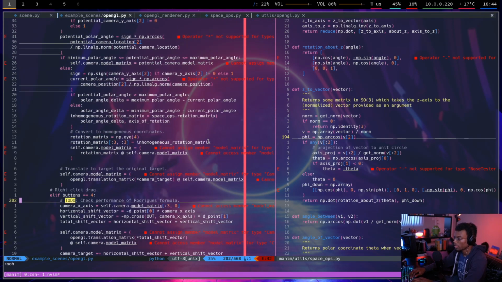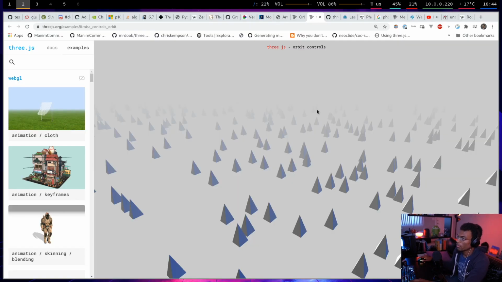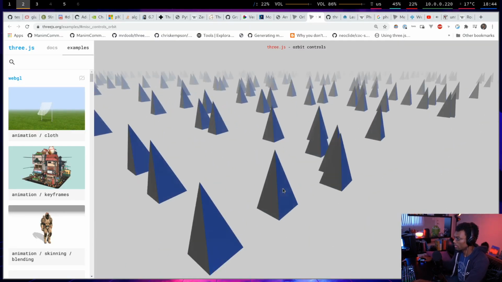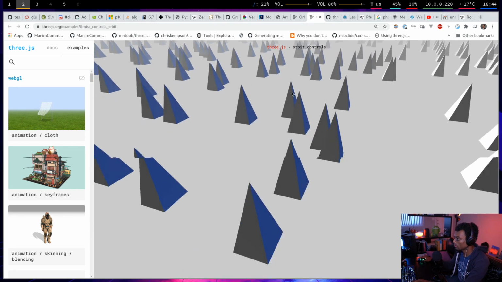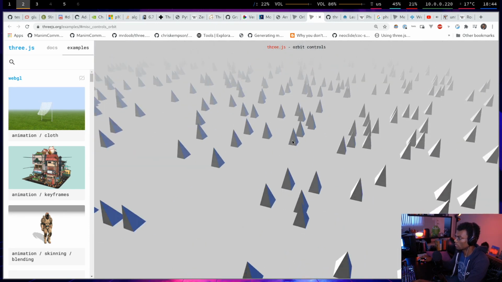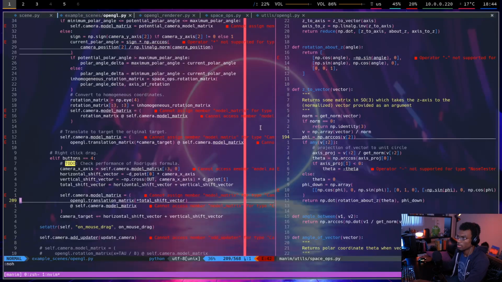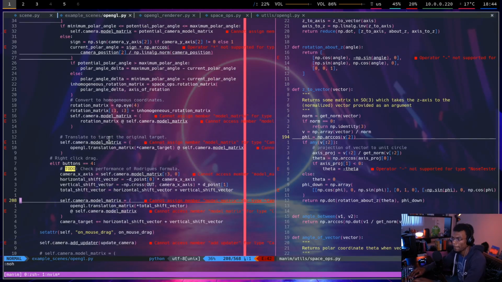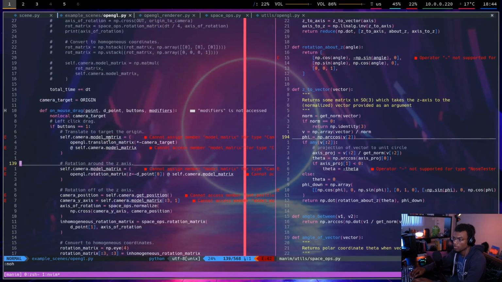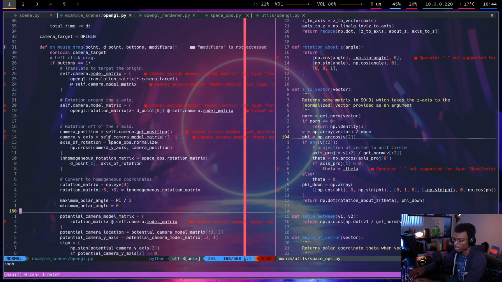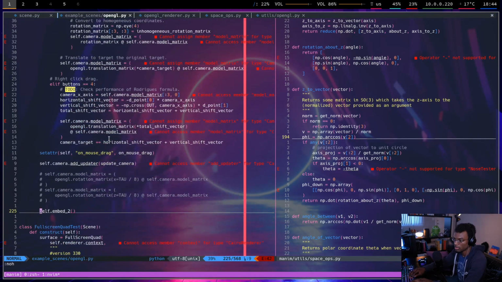So now let me try to do the zooming, which is the last part of basically these controls. And there's already a hook for zooming, but I won't use on-mouse drag. I'm just going to use on mouse scroll.